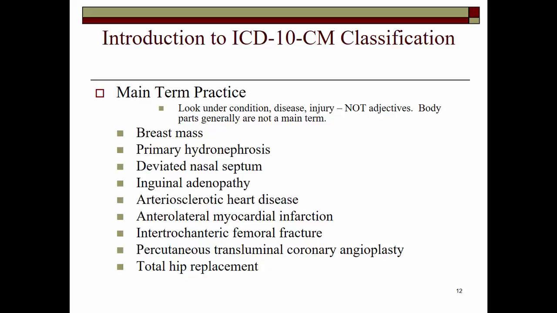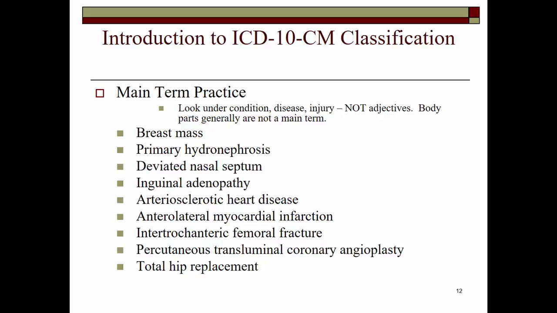So with those two, we would go in the index and look up mass alphabetically, and then we would look up hydronephrosis alphabetically to code primary hydronephrosis. Once we get to those main terms like mass or hydronephrosis, I'm actually working with two examples here at the same time, but if we went to mass, we would then look underneath for the adjective or adjectives that we have.